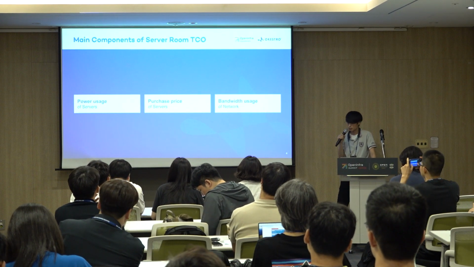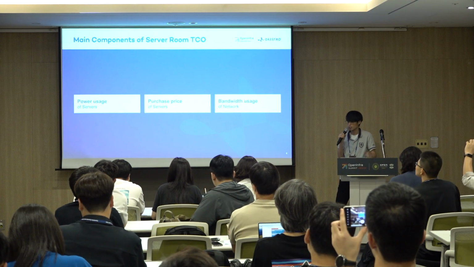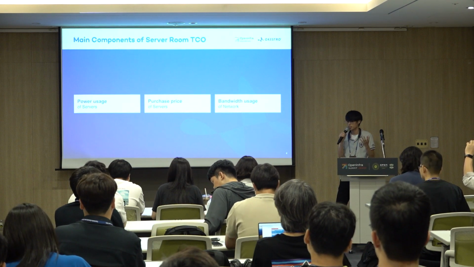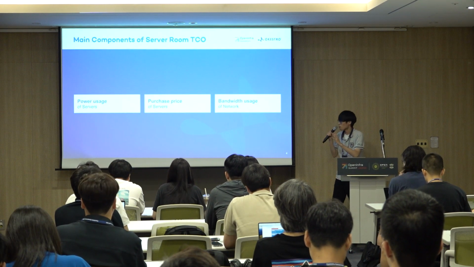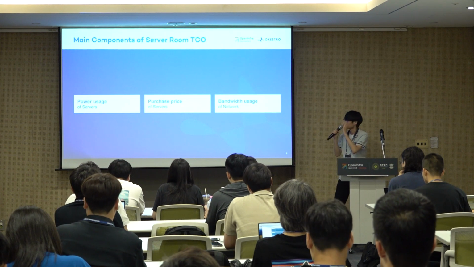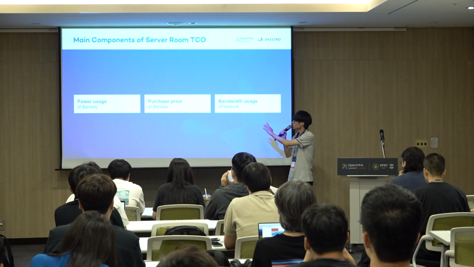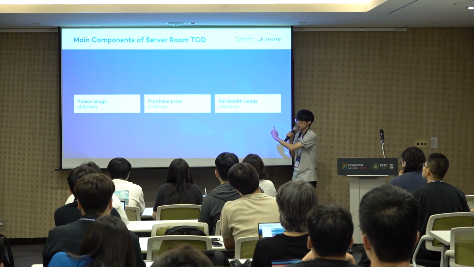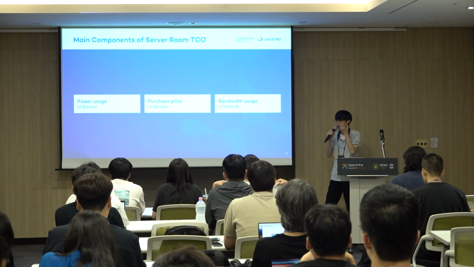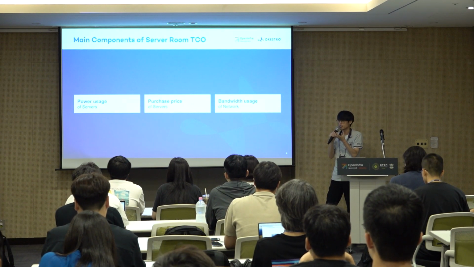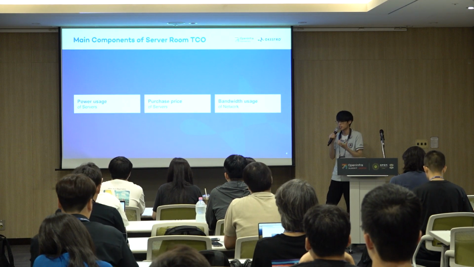There are several factors in private cloud that can be reduced by managing resource usage from the same perspective as public cloud. It means the power usage of servers, the purchasing price of servers, and the vendors' use of network are managed. This can be reduced by managing resource usage, and it is directly connected to cost reduction of the private cloud TCO.